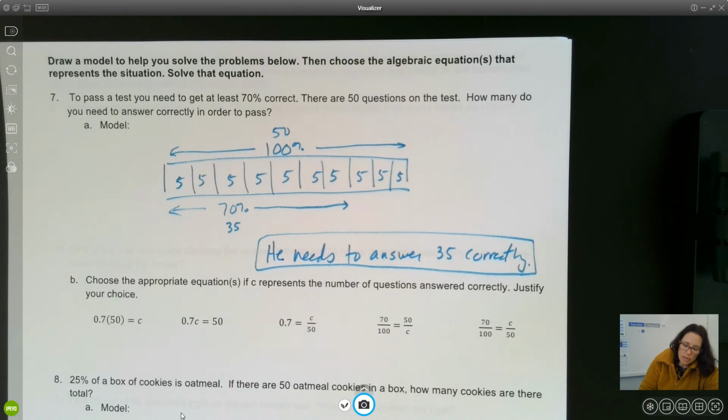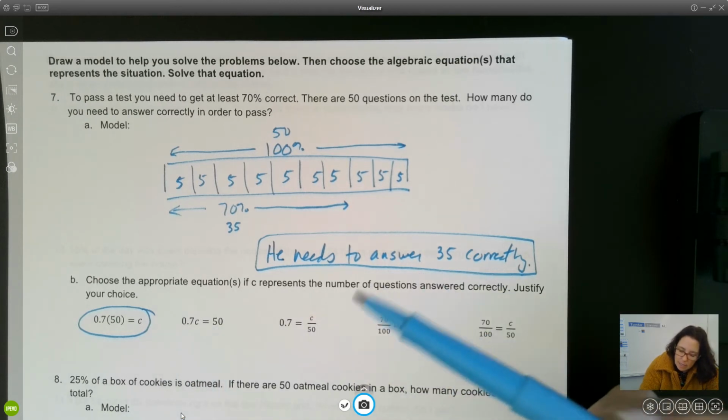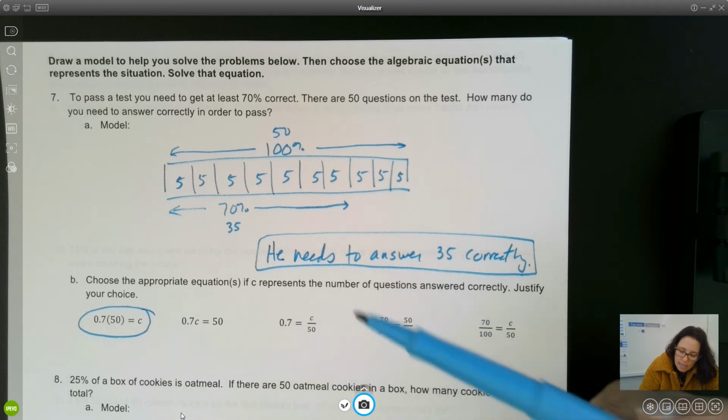Choose the appropriate equations. If C represents the number of questions answered correctly, justify your choice. All right, so the number of questions you answer correctly is 0.7 times 50. Yep, that works. 70% times the number you answer correctly is 50? No. Okay, and just talk through these, just like I am.